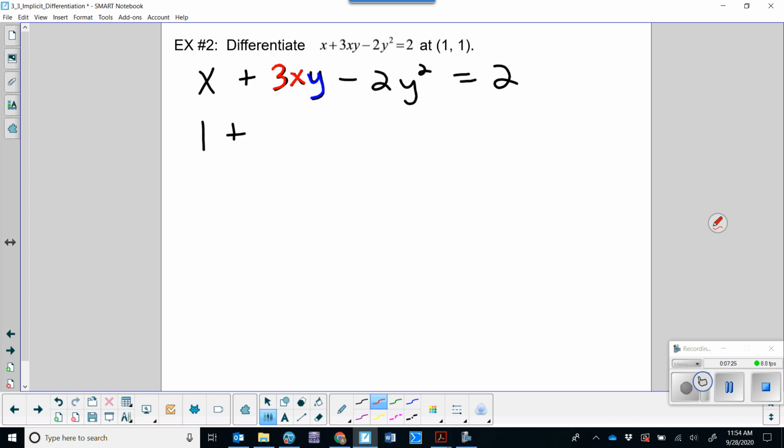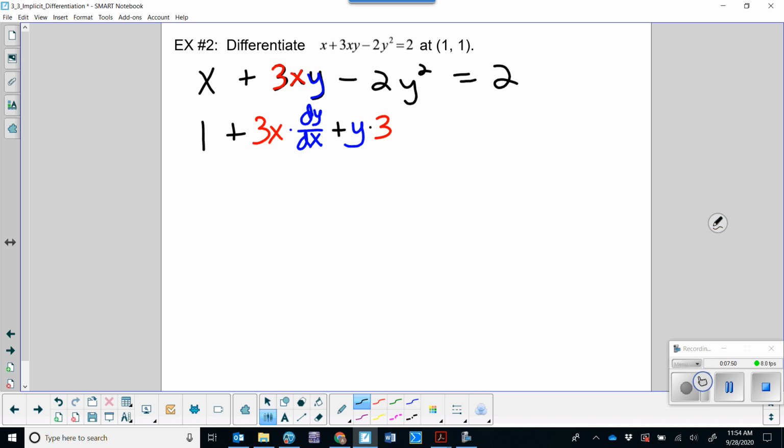So I'm going to have first times the derivative of the second. Well, the derivative of y with respect to x is dy/dx, plus the second times the derivative of the first. The derivative of 3x with respect to x is just 3. So now that product is done.